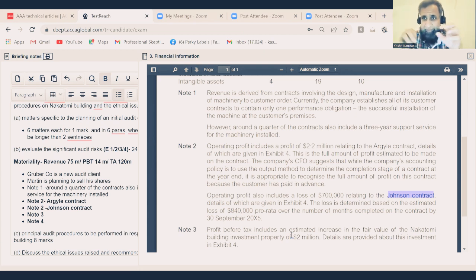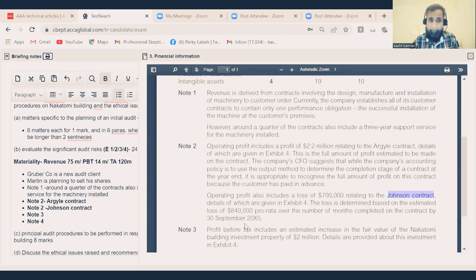I hope you're getting the sense of the risk of management bias here, because Martin wants to sell 60% shares. So onerous contracts, do we recognize the loss in full on the onerous contracts? All of you, give me an answer quickly. Yes, exactly, Brendan. They are massaging the figures.